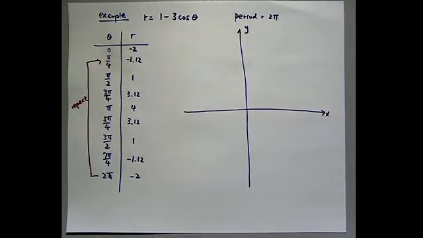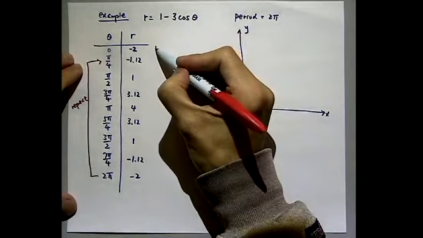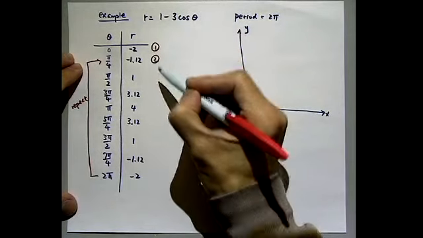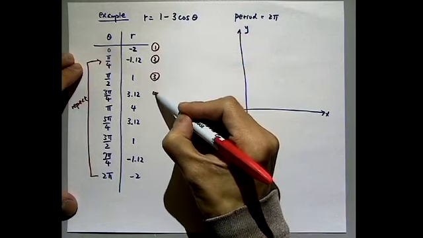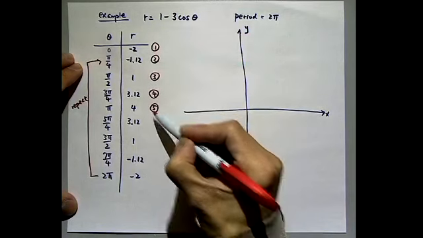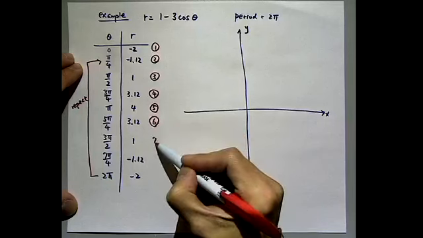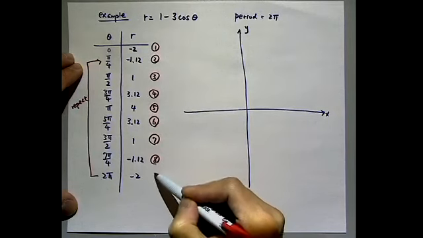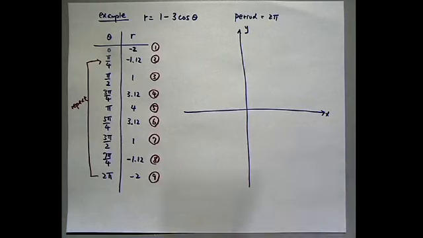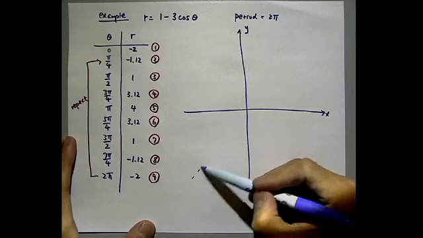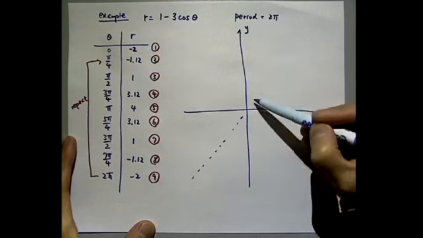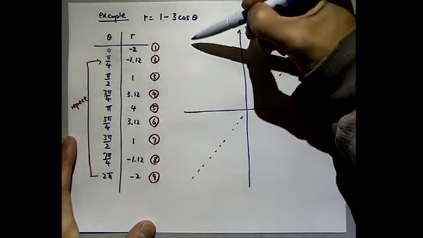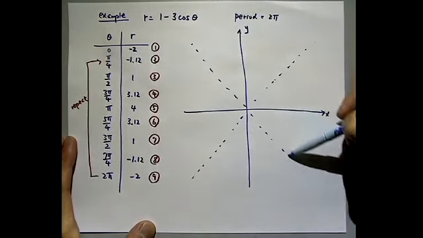This is a very complicated shape, so I'm going to label the points again, and again use my pi over 4 lines to guide my sketching.